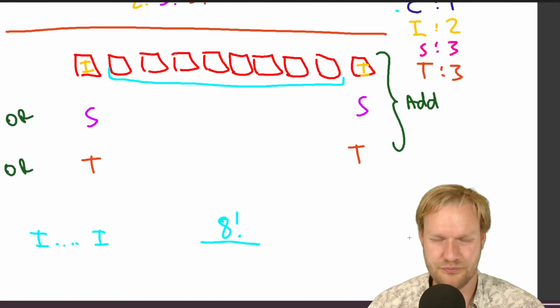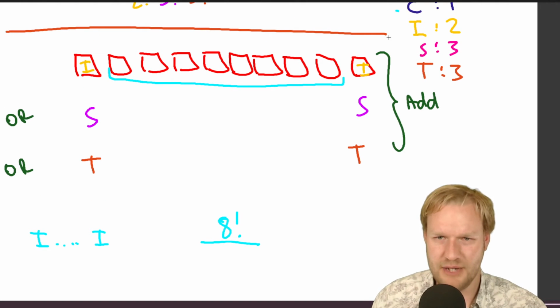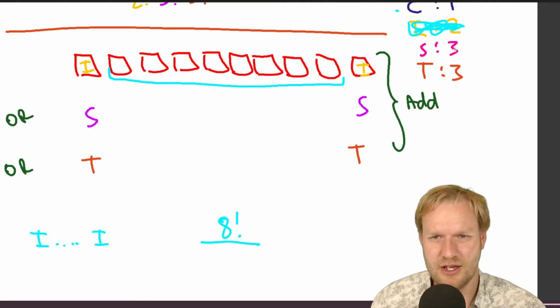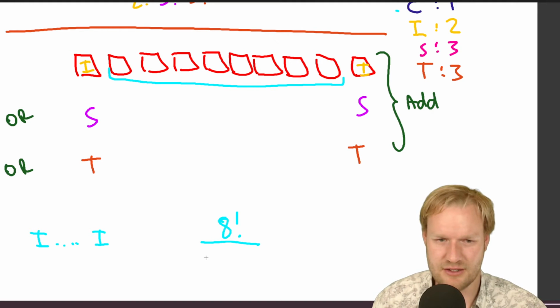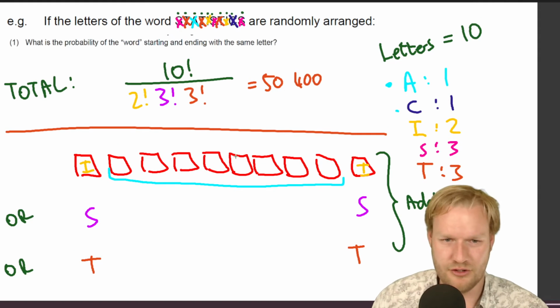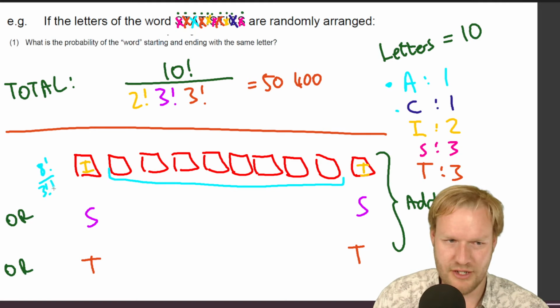We've used up our I's, so we can cross that out, and we've got 3 S's and 3 T's. So that's our option over here. This is 8 factorial over 3 factorial, 3 factorial.